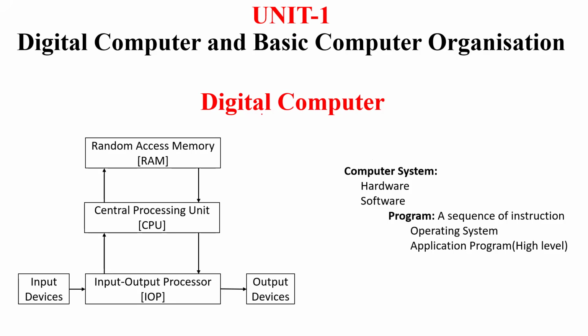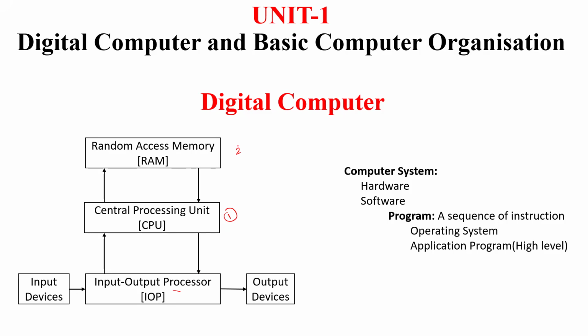The main part of this digital computer is first the CPU, the central processing unit, which is connected with the processor. You can consider the central processing unit and the processor together.